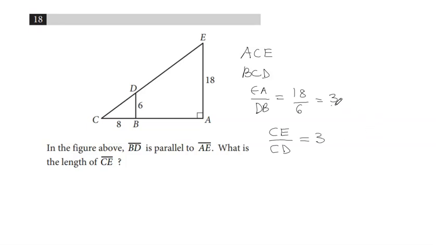That's all we're saying. So this number should be the same as this. If you take the lower sides, like AC and BC, the ratio should also be 3. So that's it for the similar triangles.